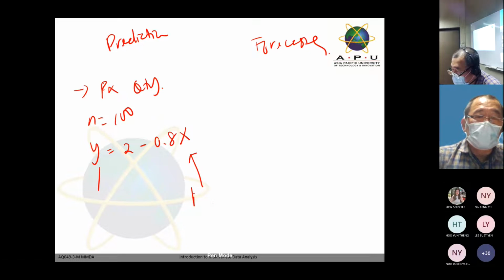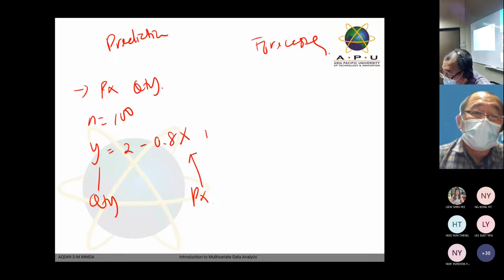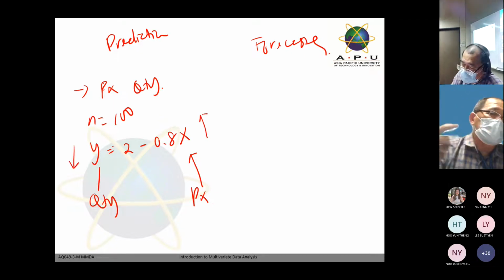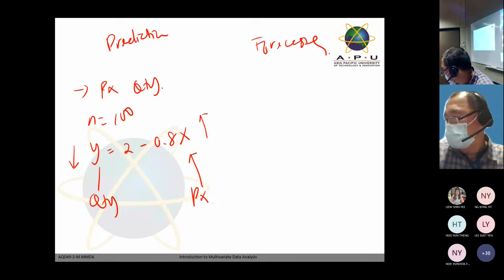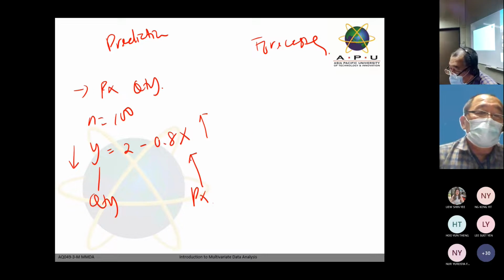When the price increases, the quantity purchased drops, based on the law of demand. Now, let's say you're given a price, let's say now x is 0.5.